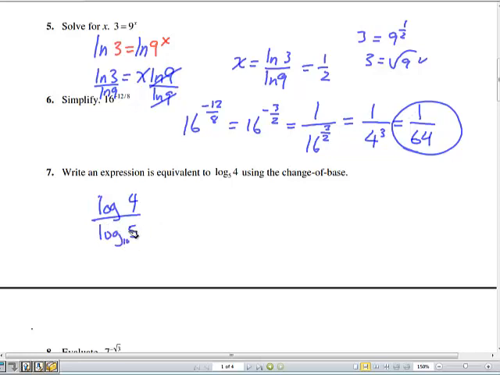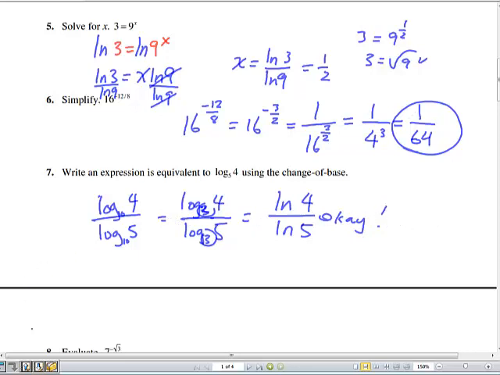As long as these two numbers are the same down here, you could write that as, how about, log 3 over log 3, okay? And that would also work. Anytime that the bases are the same in here, or you can even use natural log, because that would just be a log base e. Alright, any of these would be okay.